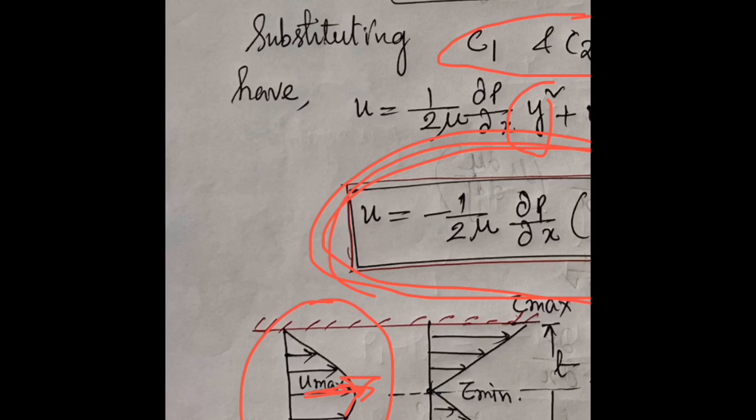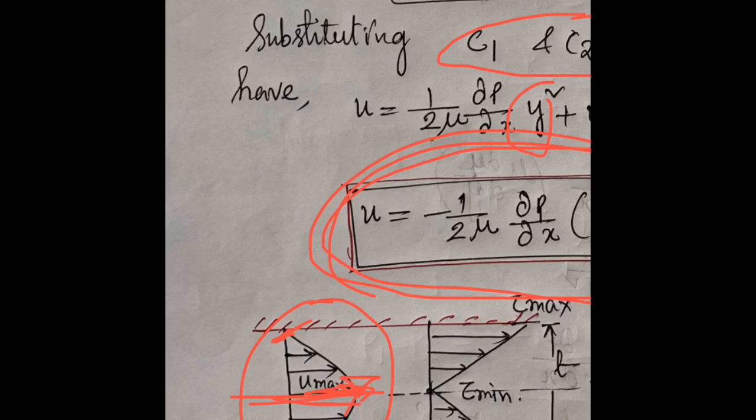After calculation, you will get this equation as u equal to minus 1 by 2 mu del p by del x (ty minus y square). Mark this equation as equation number 3.